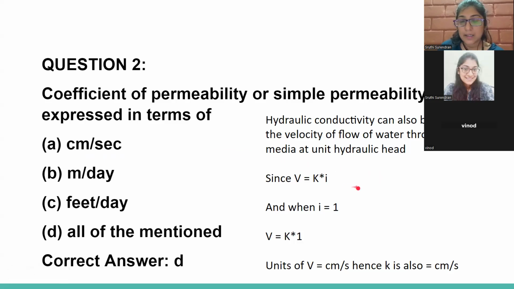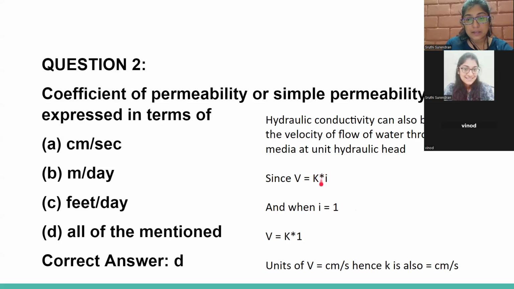Now, Darcy's law gives us that the velocity of flow of groundwater is a product of the hydraulic conductivity and hydraulic gradient. Hydraulic conductivity is depicted by the letter K, and i is the hydraulic gradient. Hydraulic gradient is nothing but the difference in the pressure head to the length of flow of water.